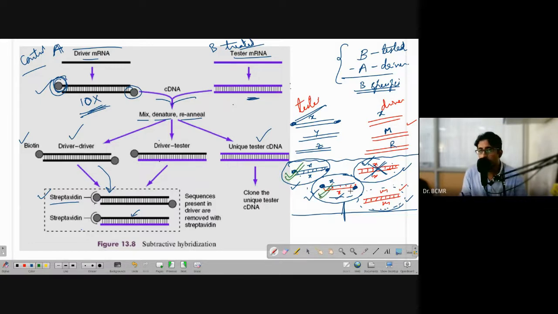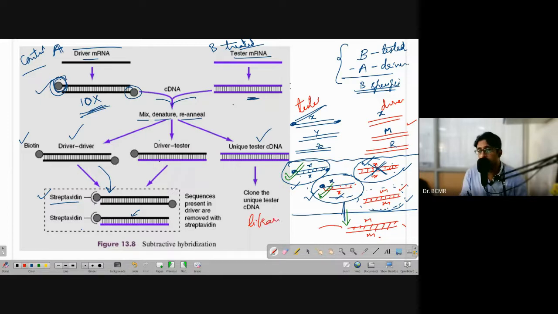This will also get bound with the streptavidin. Sorry, we wouldn't have this here, right? Because we didn't add it. And the only one that will flow through will be MM, right? We will get this one like that.